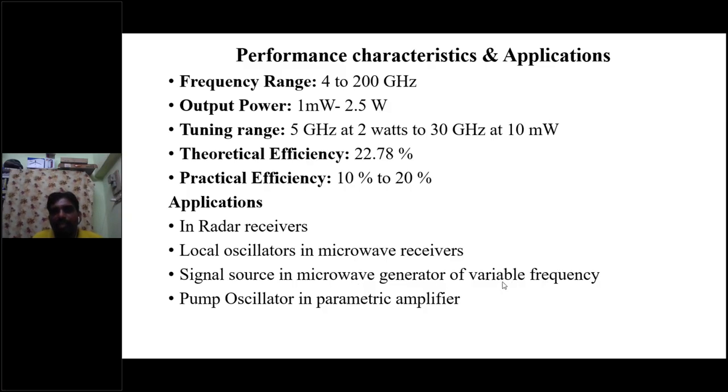The meaning of this is, if I want to find out any waveguide component parameters, definitely I require the reflex Klystron oscillator. Using that reflex Klystron oscillator, I generate a signal, and this signal is transmitted through a microwave bench setup.